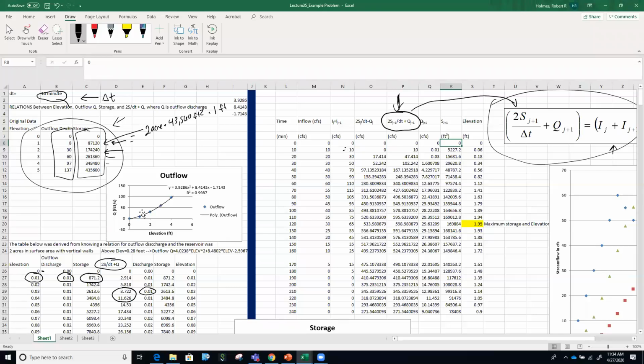You need to be able to work this out on your own, because it's fine to use mine as a template to learn, but if you don't understand the mechanics, depending on how I ask the problem, you may be lost. So I encourage you to learn it, and then we'll have a quiz on Friday using the level pool routing method.